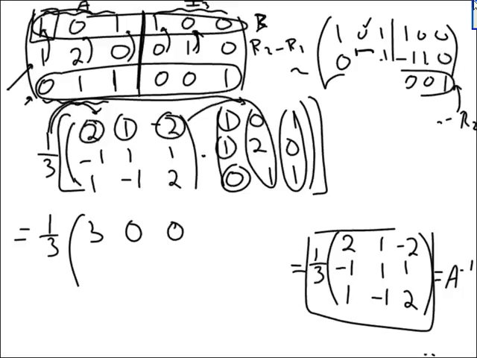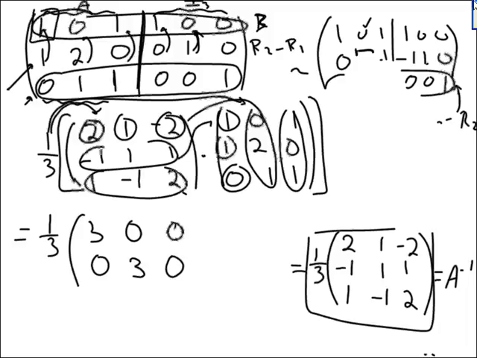When you dot the second row with the first column, you get 0, then 3, and then 0. And the third row, when you dot it with the first column, you get 0. The second column, you get 0. And in the third column, you get 3 again.